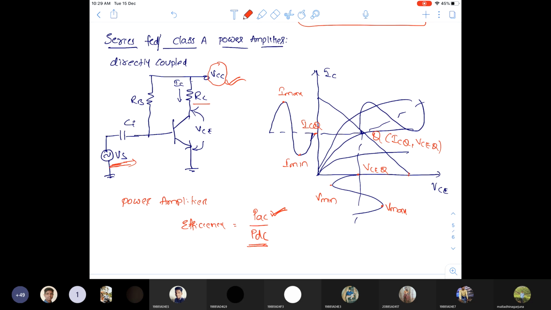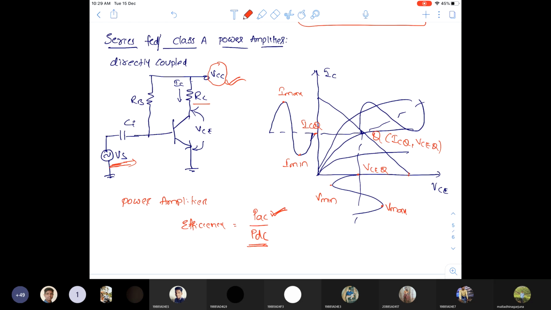The same formula you might have seen in the rectifier, where efficiency is equal to PDC by PAC. Why? Because there the concept is that the rectifier is used to convert the AC signal to DC signal. But in the power amplifiers, it is the process of converting the DC power to AC power.